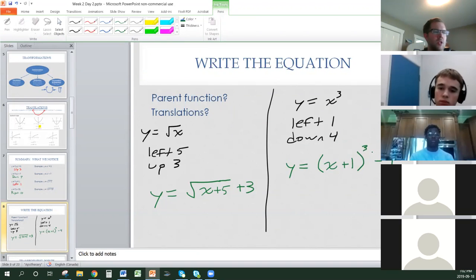So the only things to mention here is that the cubed must be on the outside of the brackets. And the other piece is that in this second question, the parent function is x cubed. So there's not going to be like a square root in there or anything. They're two completely separate questions.